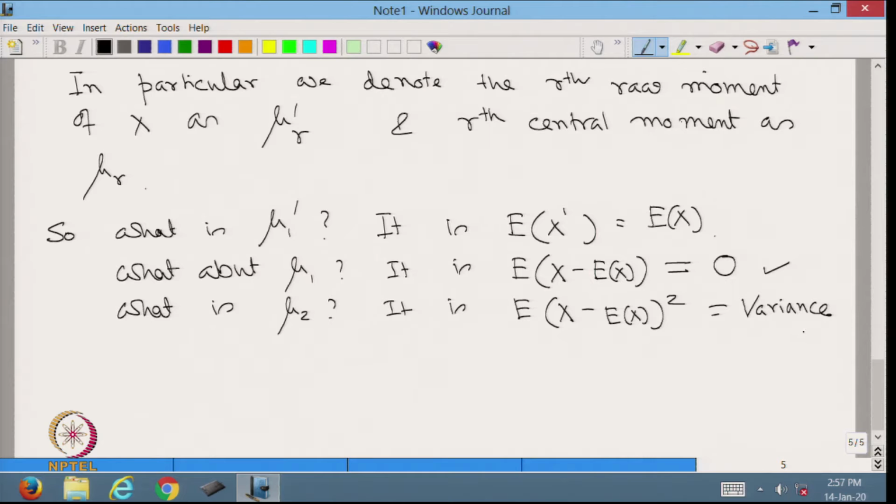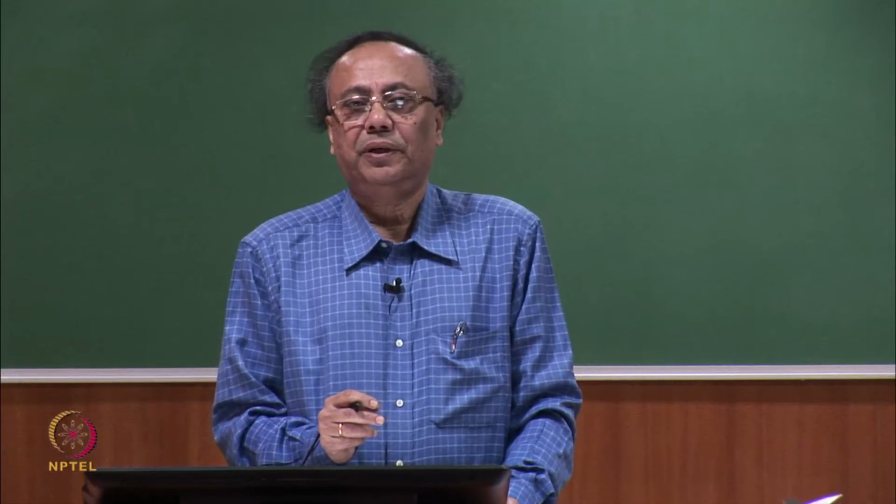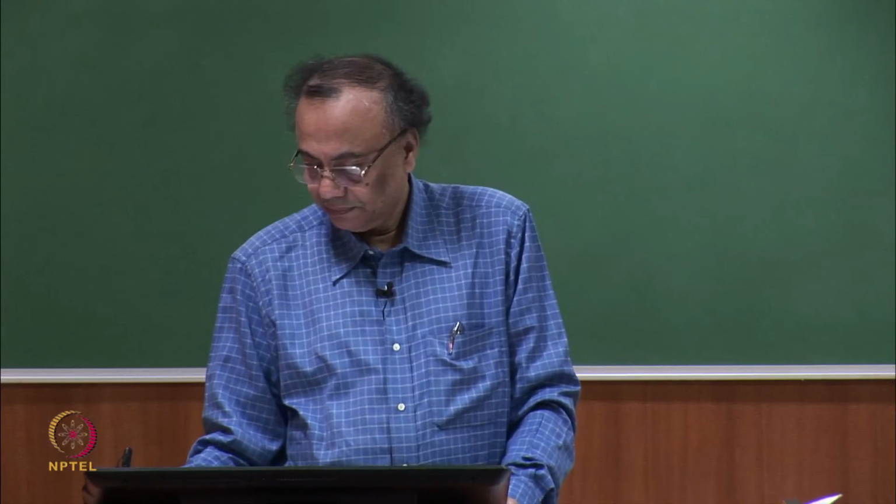In fact, we have seen variance of different standard random variables in our last few classes. What is mu 2 prime? It is expected value of x square. Hence, the variance and expectation of random variables are very, very important, because they give us certain information with respect to the variable.